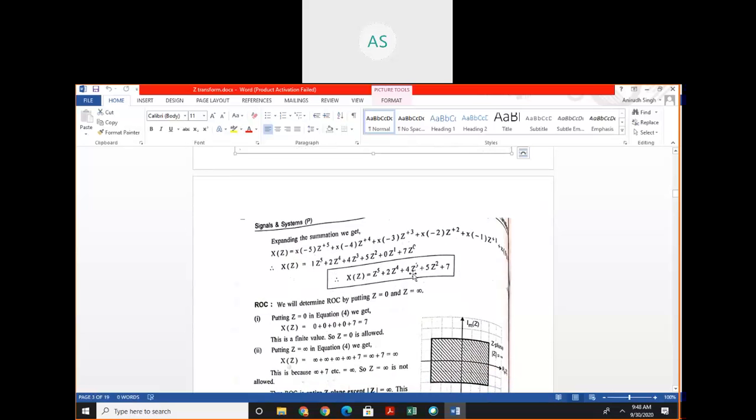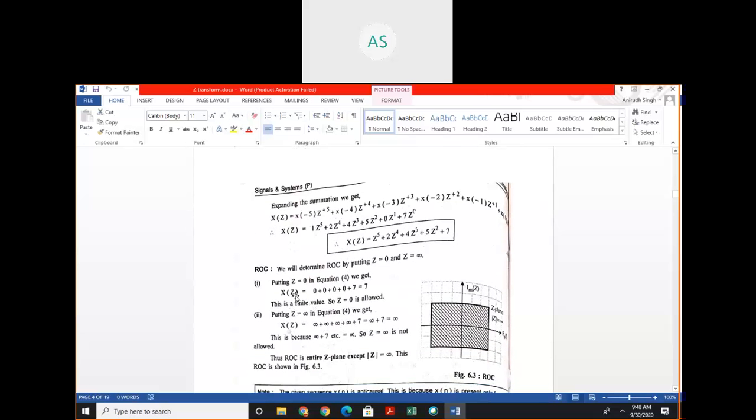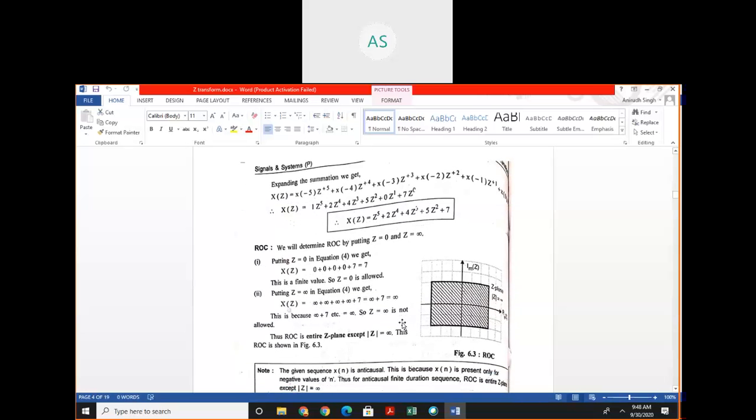After simplification, we get this expression X of z is equal to this, and for determining ROC, we put z is equal to 0 or z is equal to infinite in this expression. When z is equal to 0, 0 plus 0 plus 0 plus 0 plus 7, we get finite value of X of z.